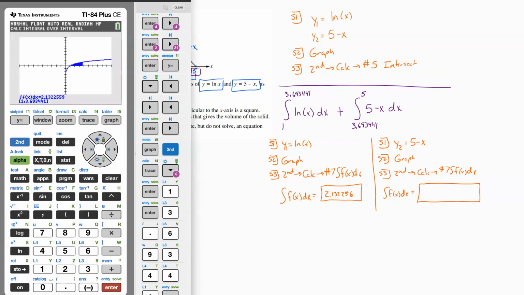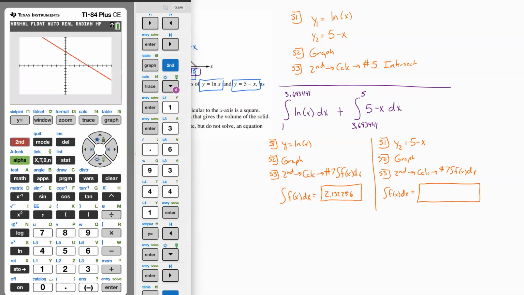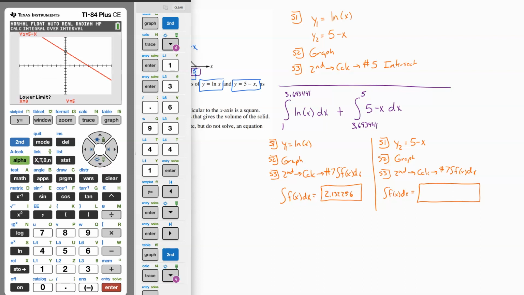So open up my calculator, go to the y equals. I can turn off the natural log graph by hitting enter. I can turn back on the 5 minus x graph by hitting enter on that equals. And then I just graph it again and do my second calc. Choose the number 7 option, integral of f of x dx.